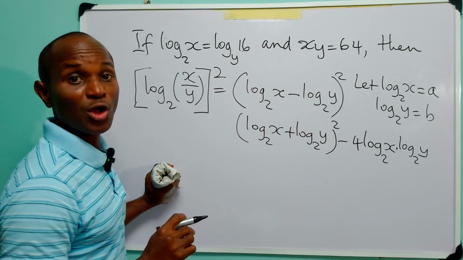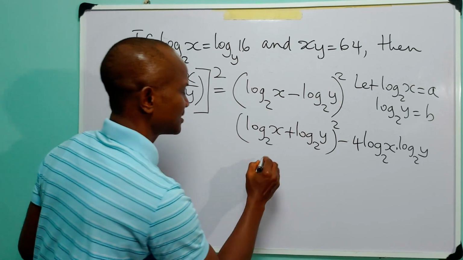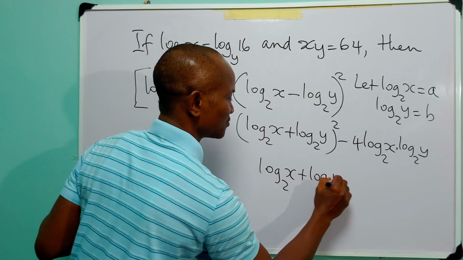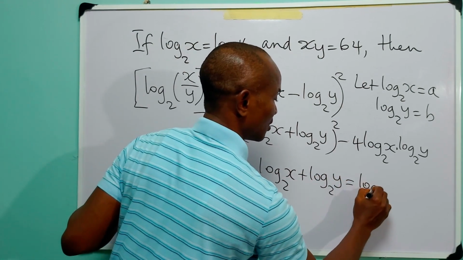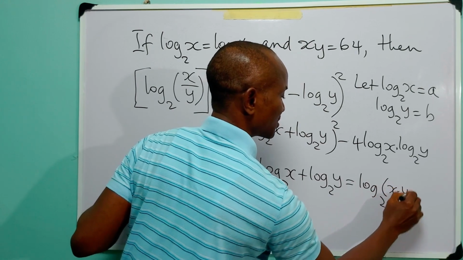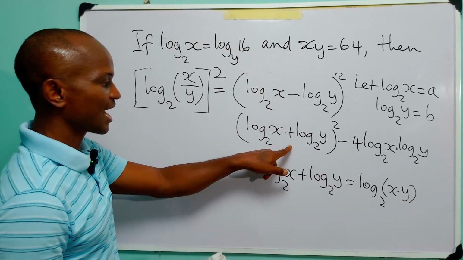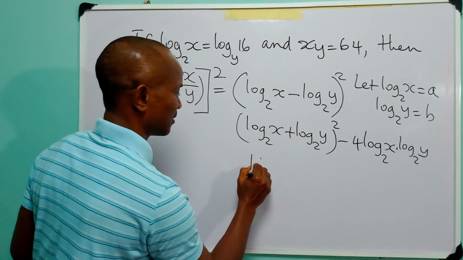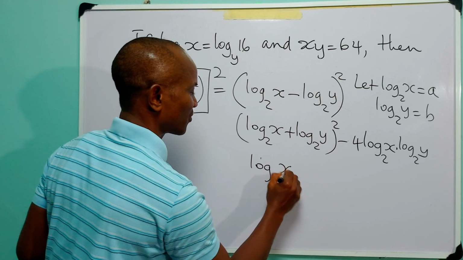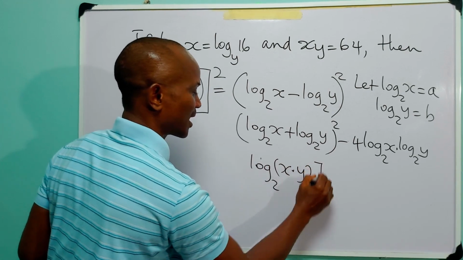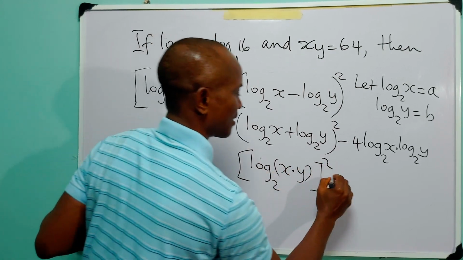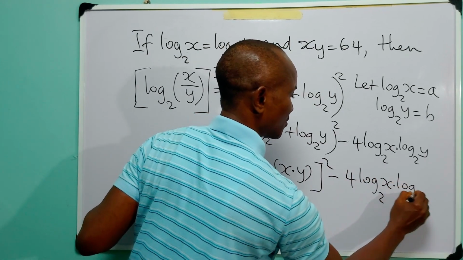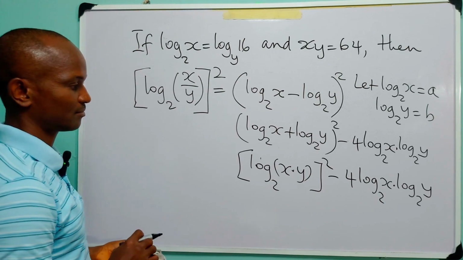But then let us also recall the law of logarithm that says that log to base 2 of x plus log to base 2 of y is simply equal to log to base 2 of x multiplied by y. So we can replace this with that. And this is what we have: log to base 2 of x multiplied by y squared minus 4 times log to base 2 of x multiplied by log to base 2 of y.